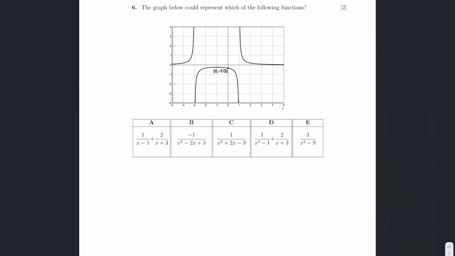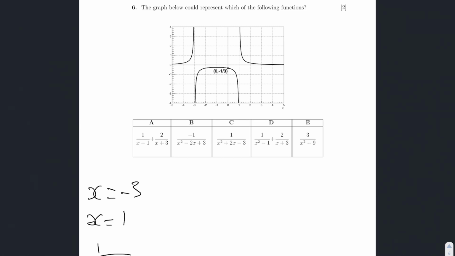Just to make what I said clearer, we need x equals minus 3 and x equals 1 as asymptotes. So in the denominator, we need 1 over (x plus 3)(x minus 1), something like that.